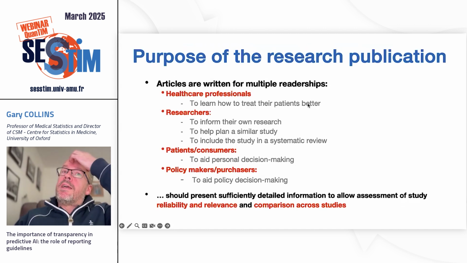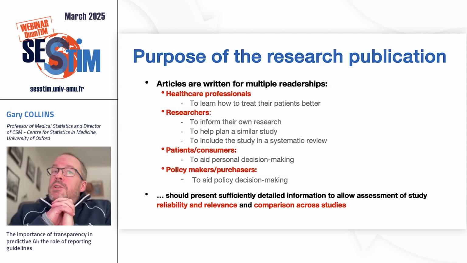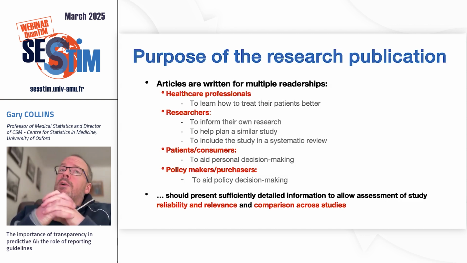Long gone are the days where research publications in the clinical literature are just for other doctors. No, articles now have multiple readerships, so it's other healthcare professionals trying to learn how to treat their patients better. It's other researchers designing their own research. They're trying to plan a similar study, but in a different setting.